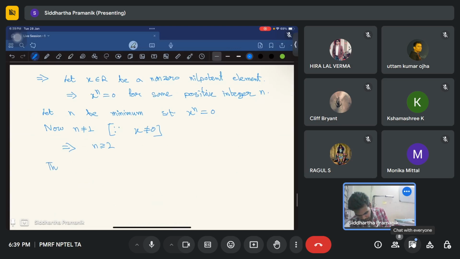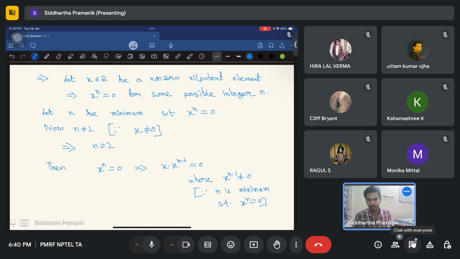Then x power n equals 0 implies x times x power n minus 1 is 0, where x power n minus 1 is not equal to 0. And this is non-zero because n is minimum such that x power n is 0.